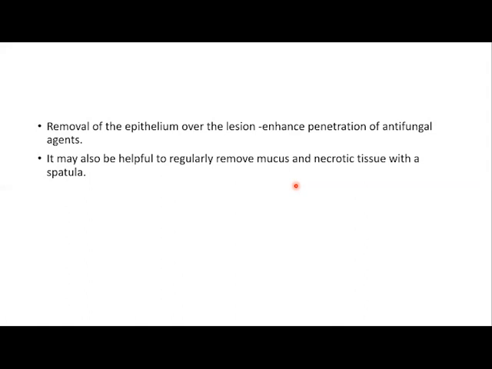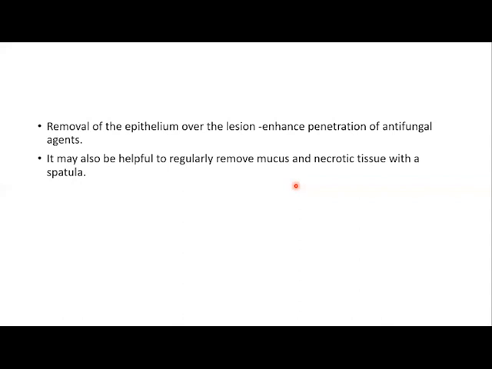Removal of the epithelium over the lesion enhances penetration of antifungal agents and is also helpful for removing mucus and necrotic tissue with a spatula. This is a very important part of the treatment. If there is slough and debris, not only for fungal ulcers, for any corneal ulcer, to penetrate the drug you have to take out that layer.